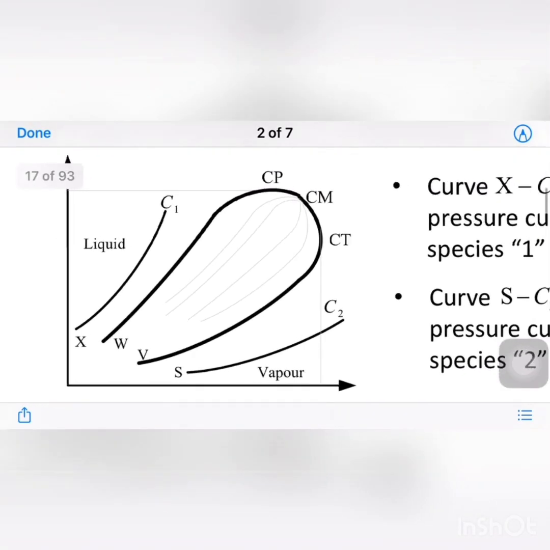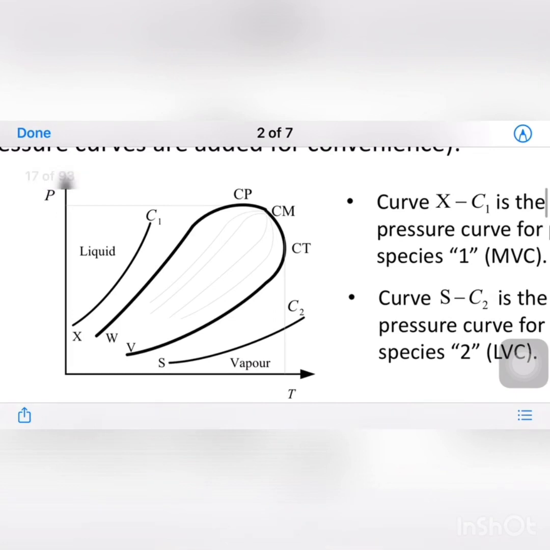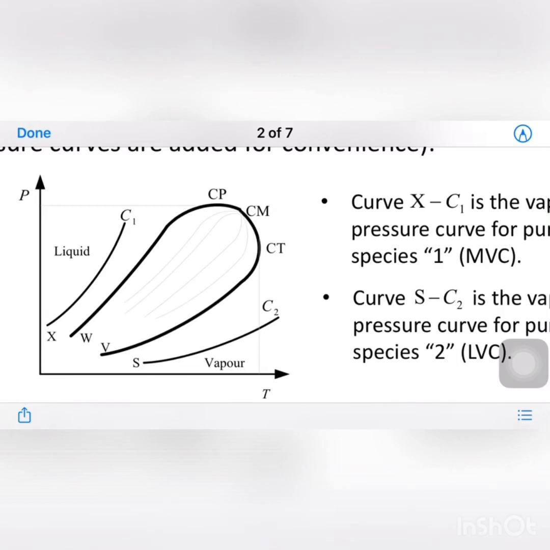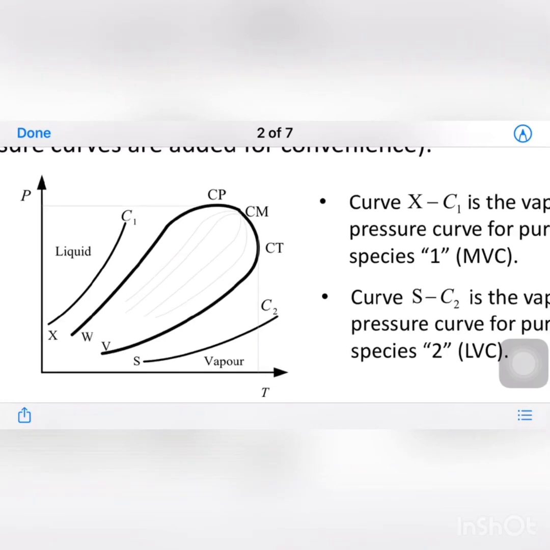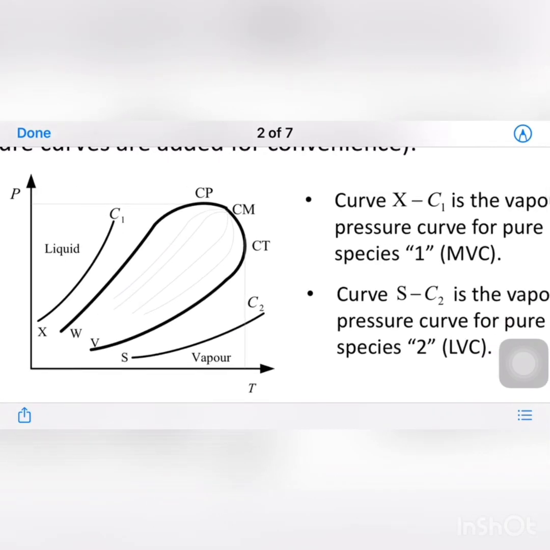Of course, CP is the critical pressure, or highest pressure of our mixture. We call it the cricondenbar. And CT is the highest temperature of our mixture, or critical temperature of mixture, the cricondentherm. CM is the critical point of the mixture.